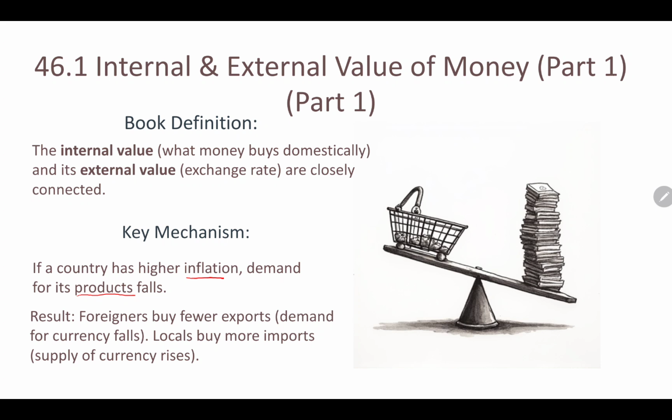Definitely, if inflation is increasing, people will not prefer the domestic product, they will prefer the imported products because they think they are the same price, so it's better to buy the imported products. Foreigners buy fewer exports, demand for currency falls, locals buy more imports, supply of currency rises.